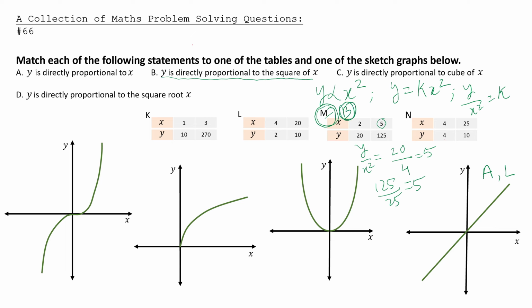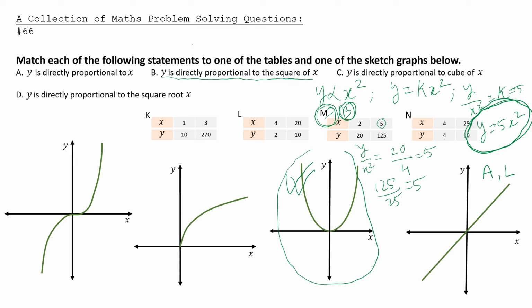Which of these graphs would go with it? The constant is 5, so the equation would be y equals 5x squared. When you see y equals 5x squared, the graph that satisfies this is obviously this graph.